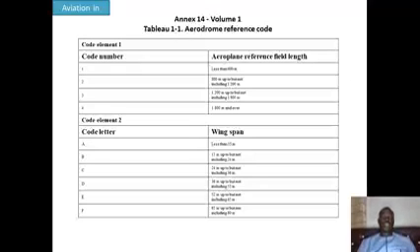So in table 1.1 of Annex 14 Volume 1, the code element 1, the code number, is from 1 to 4, and it is determined regarding the airplane reference field length. For airplanes that have less than 800 meters of airplane reference field length, the code number would be 1.